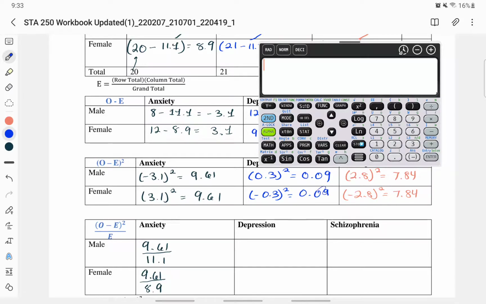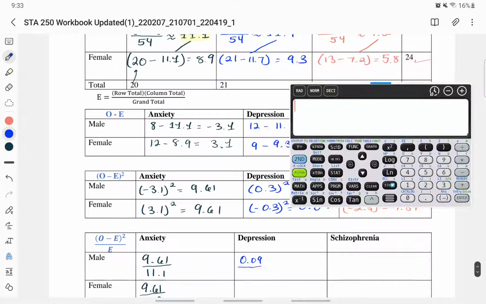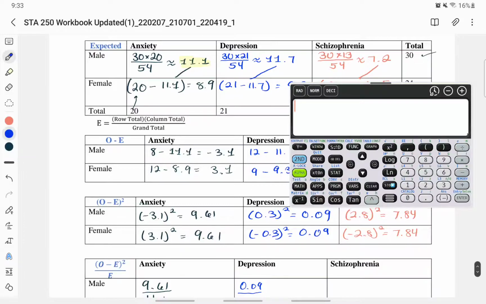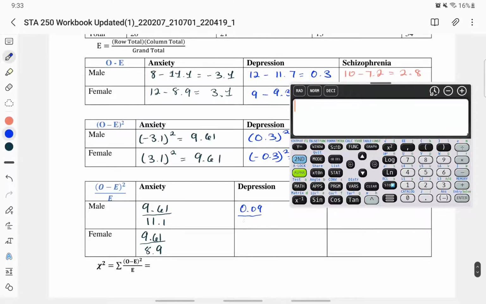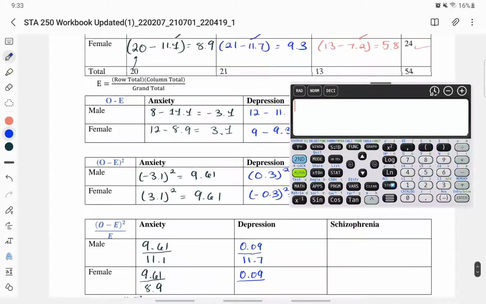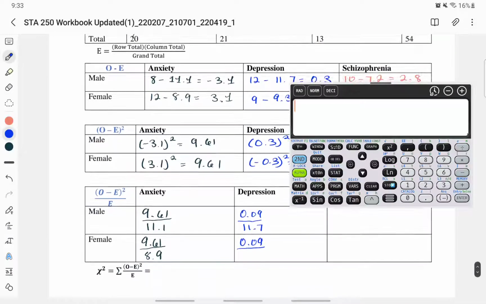For a male with depression, the square is 0.09 and the expected frequency was 11.7. For a female with depression, the square was also 0.09 and the expected frequency was 9.3.